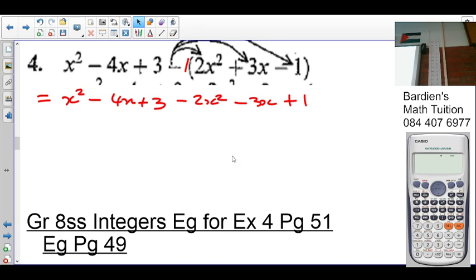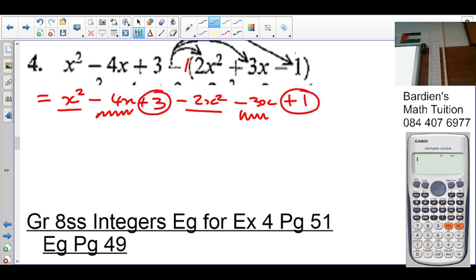Okay. So x squared is a like term to negative 2x squared. Negative 4x is a like term to negative 3x. 1 is a like term to 3. Not so. So what is x squared minus 2x squared? What is 1 minus 2?